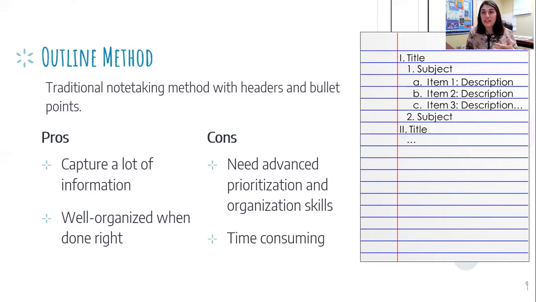Well, if those prioritization and organization skills are not advanced enough, then you may end up writing down way more information than you actually need. You want to focus on things like key terms, main ideas, these overview type concepts, and that takes, of course, critical thinking, advanced prioritization skills.